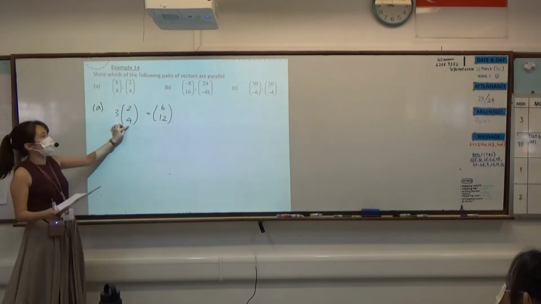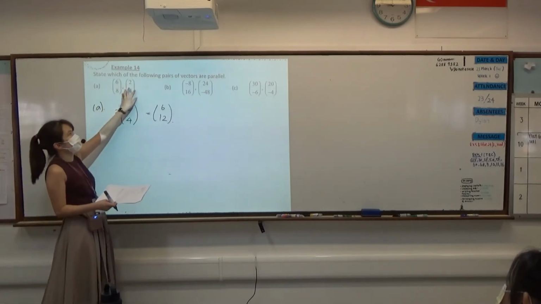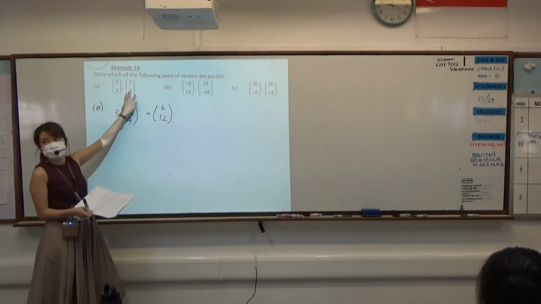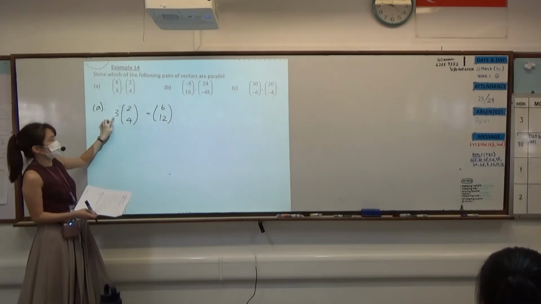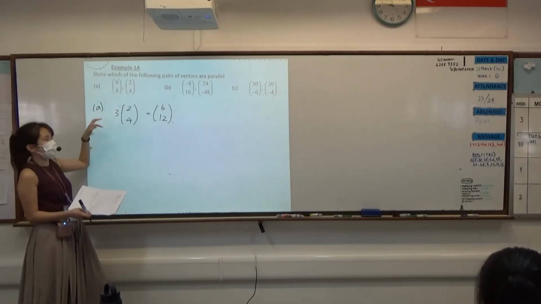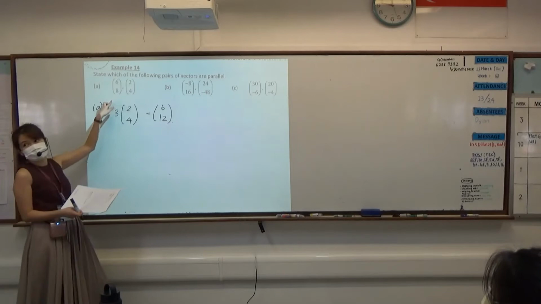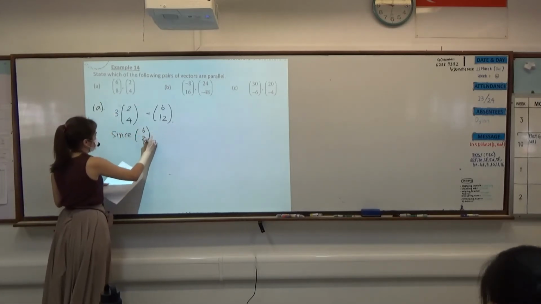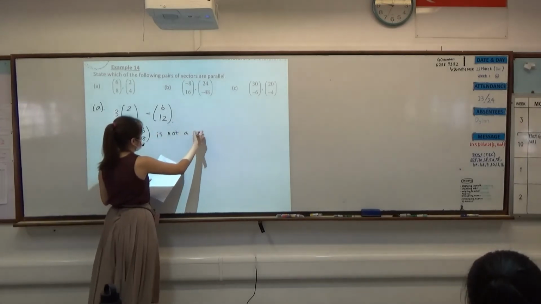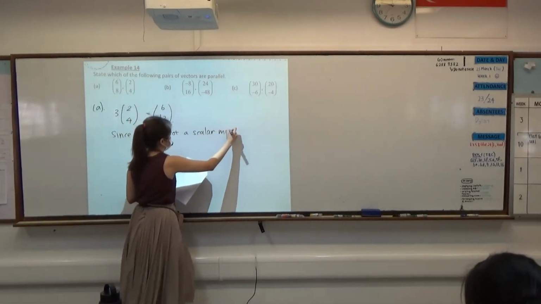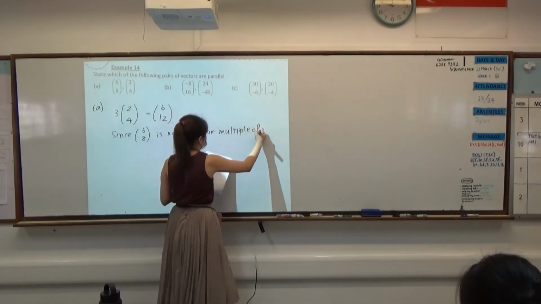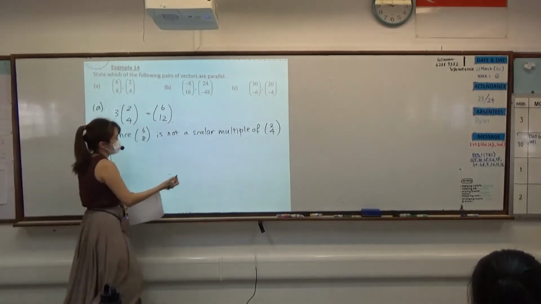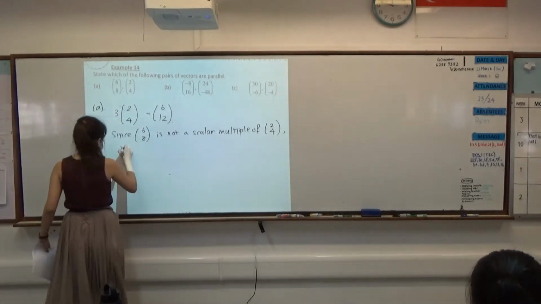Therefore, (2, 4) cannot become a scalar multiple of (6, 8), neither can (6, 8) become a scalar multiple of (2, 4). Whatever number you choose, it will never give you (6, 8). So since (6, 8) is not a scalar multiple of (2, 4), the vectors are not parallel.